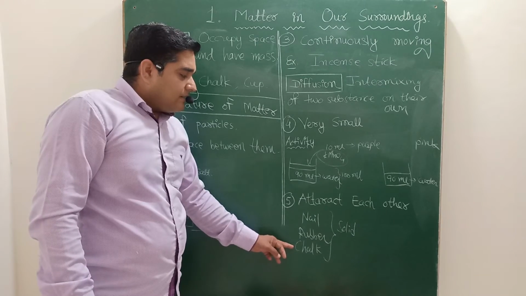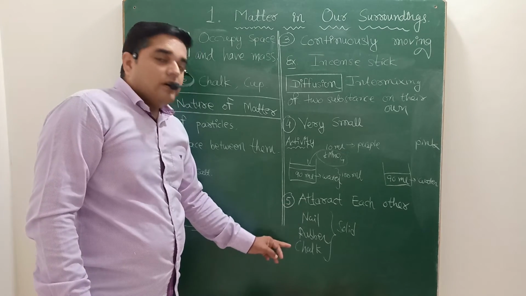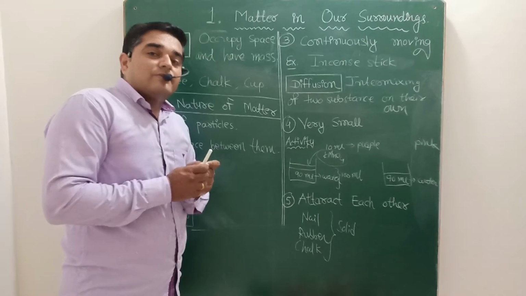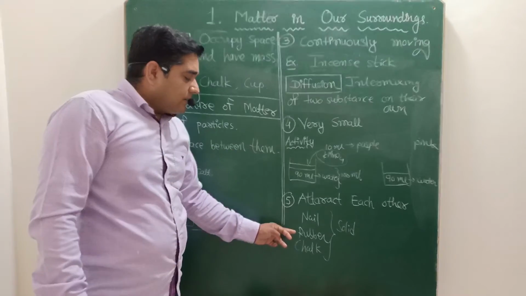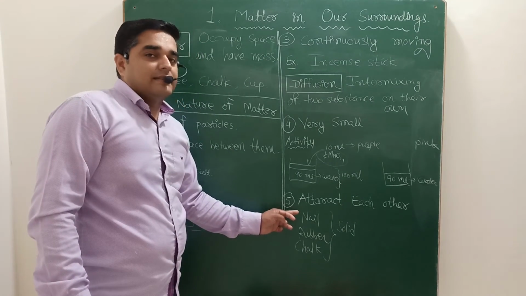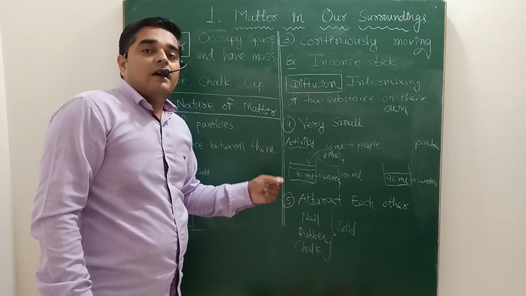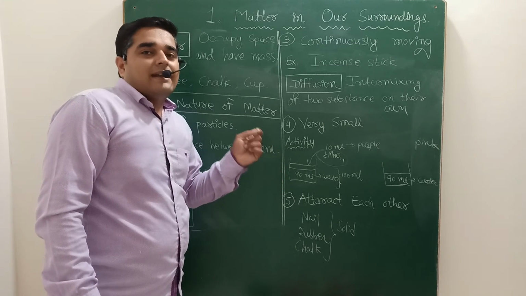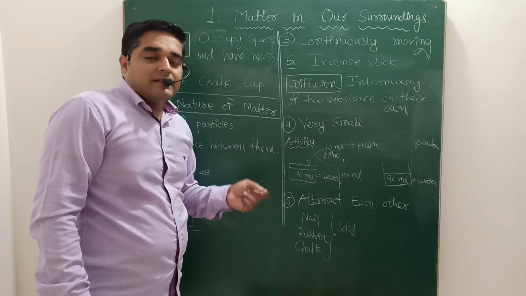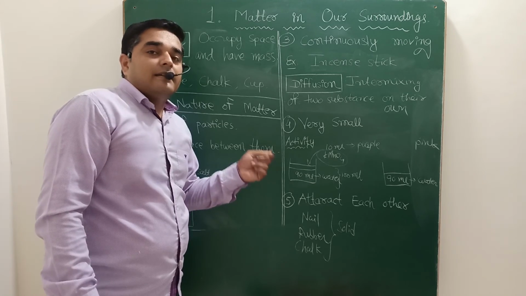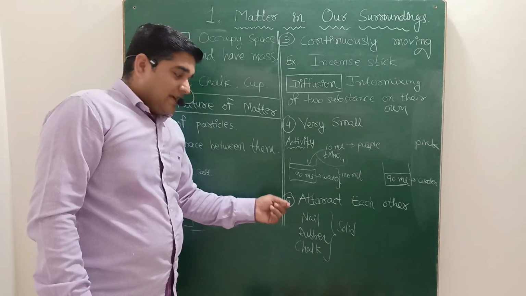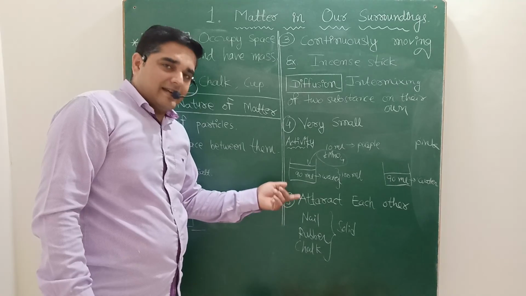Chalk particles have less attraction, that's why it breaks easily, then rubber, and last is the nail. The nail has the most attraction between its particles, that's why it breaks down at last.